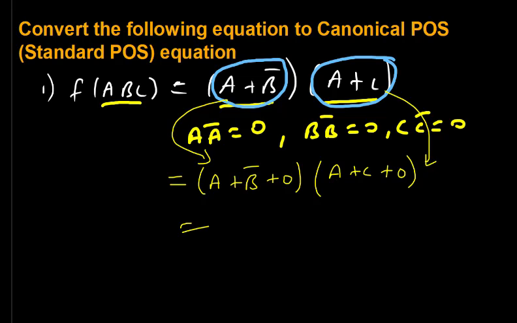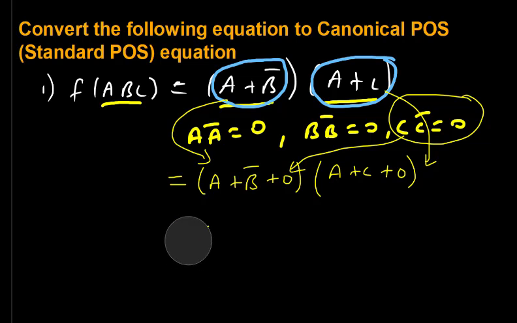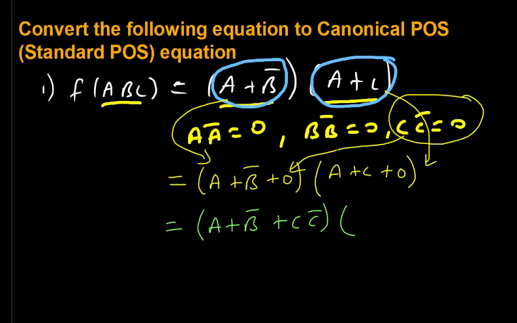Now here because C is missing, we use this equation here. So this equation becomes A or B bar or C bar, where 0 is equal to C bar, and here it becomes A or C or B bar.